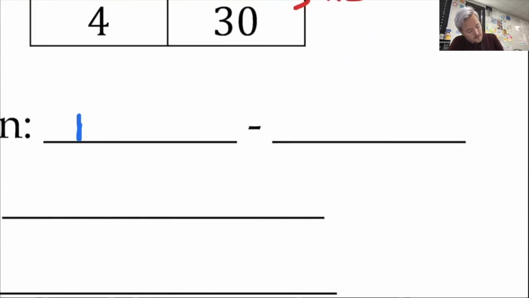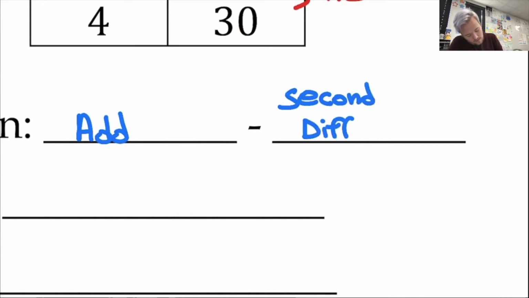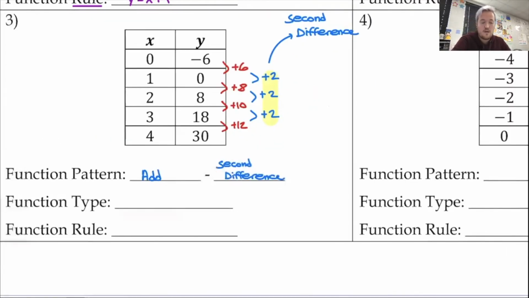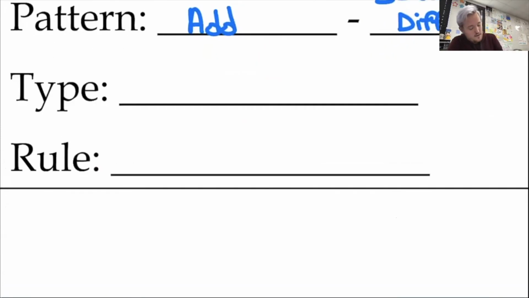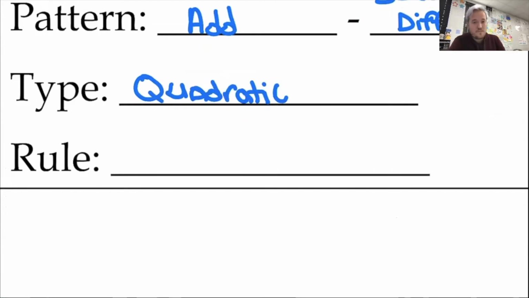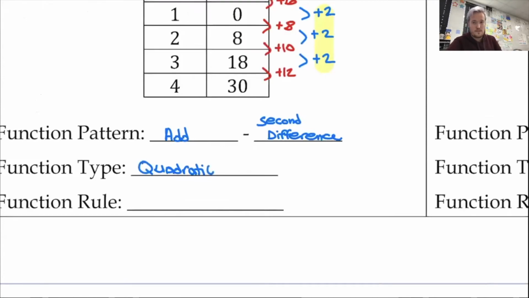So we're going to have add, and then second difference. All right, so an add second difference pattern, what that yields is a quadratic function. So we're going to have a parabola from this table.